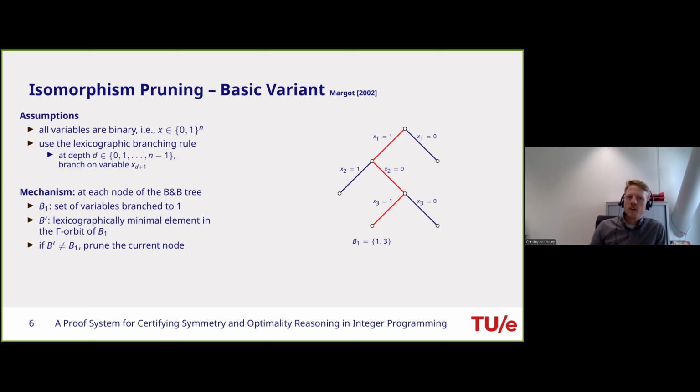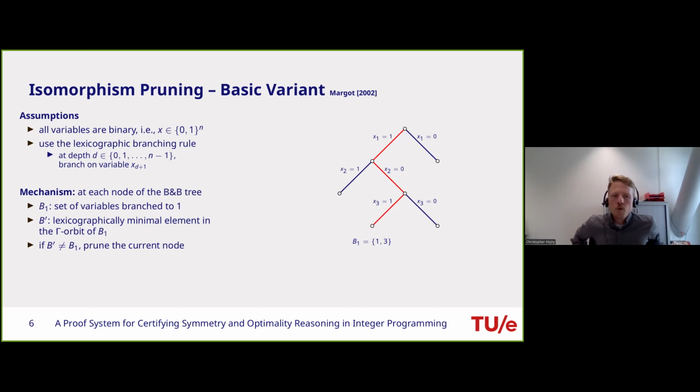And what Margot back then introduced for isomorphism pruning was the idea that at a node of the branch and bound tree, when I use this branching rule, I collect the variables that have been branched to 1. So for instance, for the node at the lower end of the red path, if we check the branching decisions, we have branched on variables 1 and 3. We have branched them to 1.